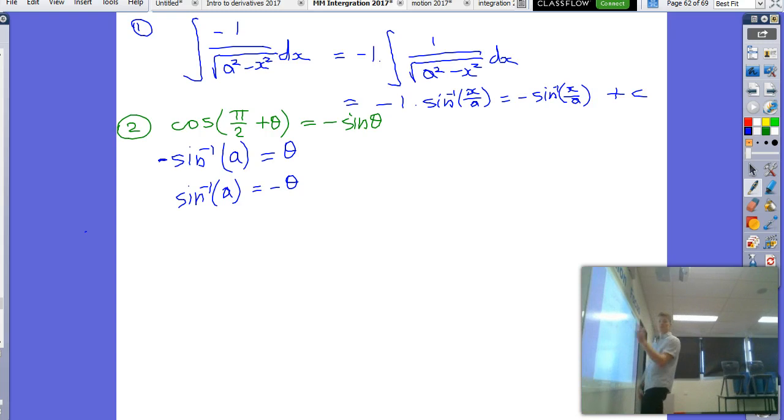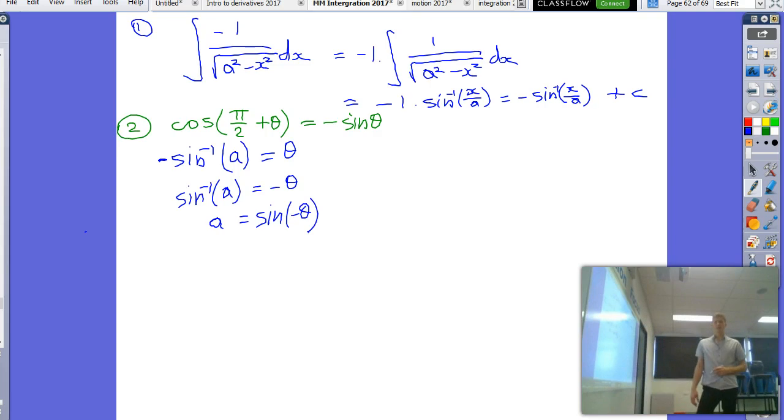I'm going to take the sine on both sides, so value A is now the sine of a negative angle, okay? Now, what property do we know about negative angles for a sine function? Well, a sine function is an odd function, so the negative value on the angle gives you a negative sine of the angle itself, of the positive value.